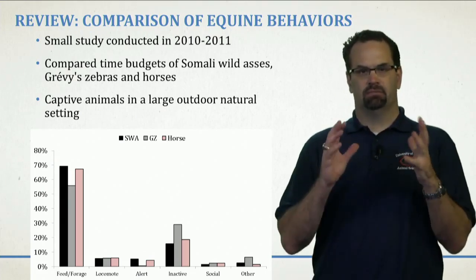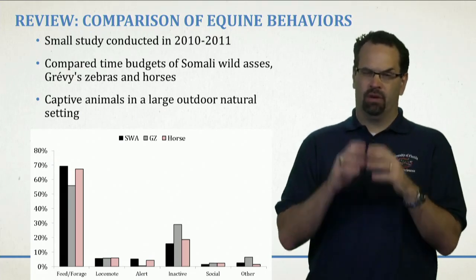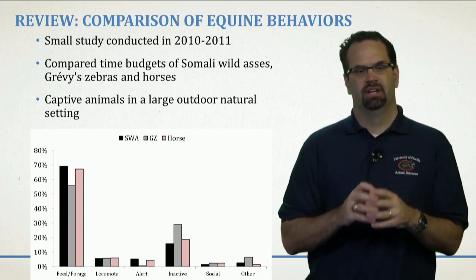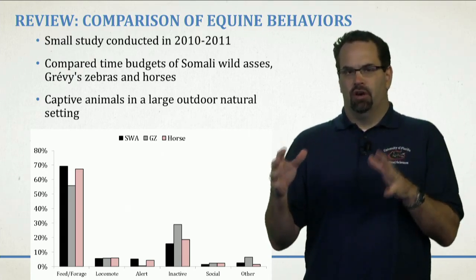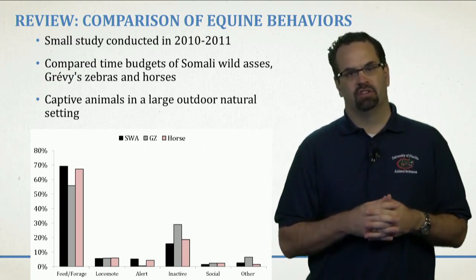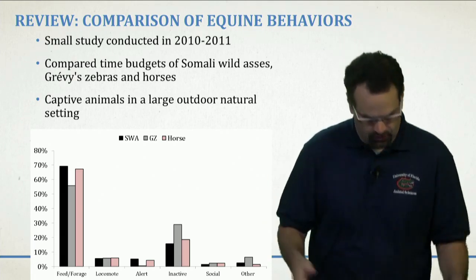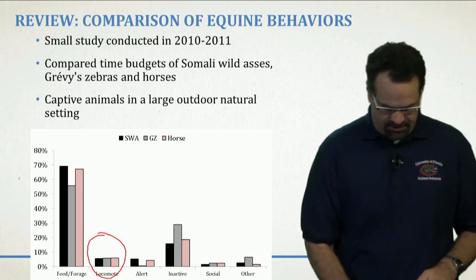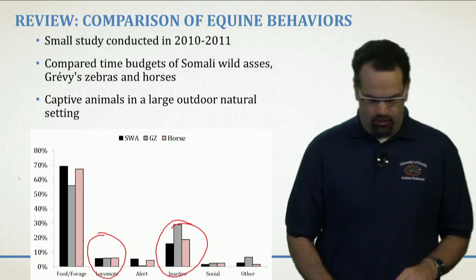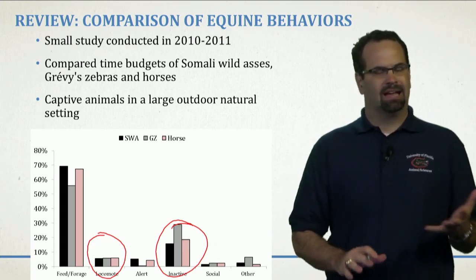Now, it's always good to make sure you have a good foundation in what normal behavior is. Even looking at these time budgets, some of these abnormal behaviors will fall into some of these categories. The weaving is not quite locomote, but it's not quite inactive. So what kind of behavior is that? I don't know.